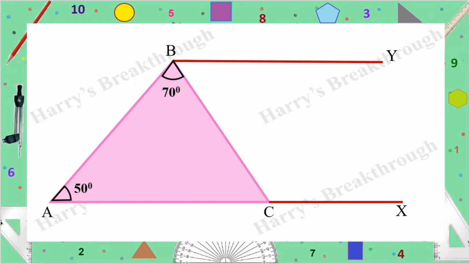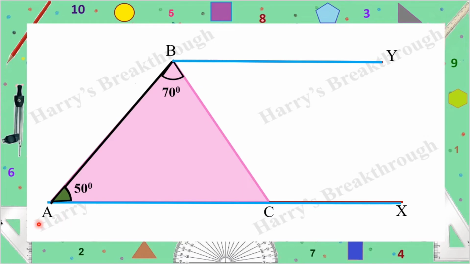Now you got two parallel lines, that is BY and AX, and AB and BC are the cutting lines. So first let's consider AB as the cutting line. And here the angle A is 50 degrees. What is the co-interior angle of angle A?